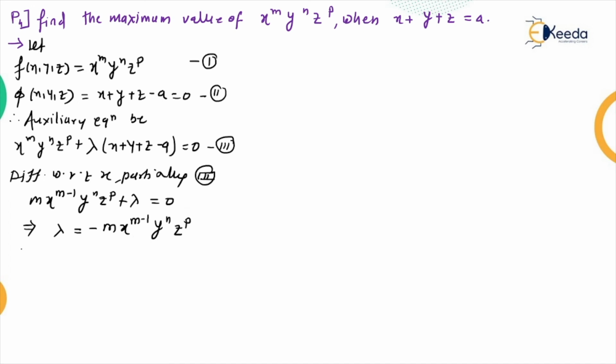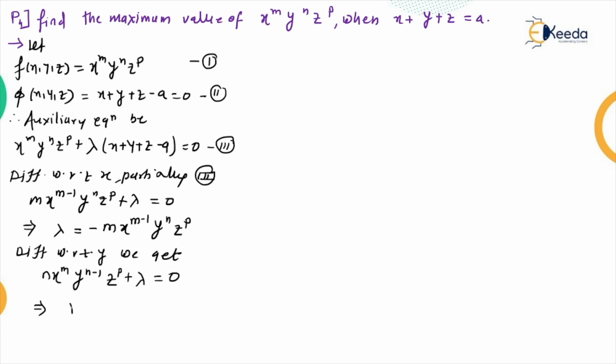Now we differentiate with respect to y. Here x and z are constants, therefore we get n into x raised to m, y raised to n minus 1 and z raised to p as it is, plus lambda, and that is equal to 0.